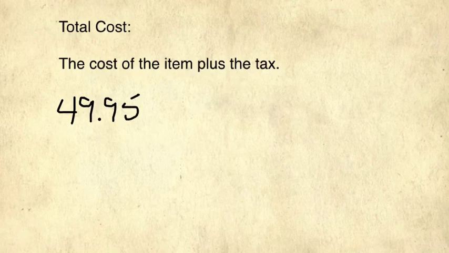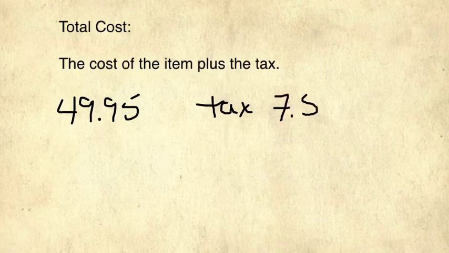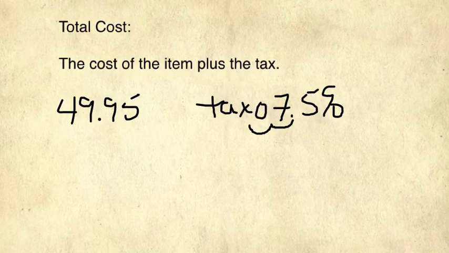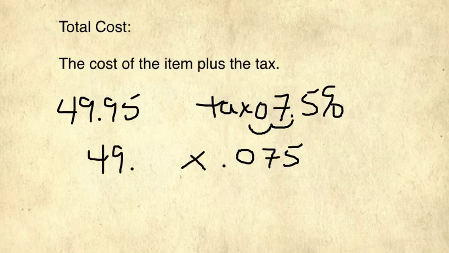And our tax rate is 7.5%. We need to change that tax rate to a decimal. So I'm going to take my decimal and go 2 places to the left. So my tax rate is actually 0.075.